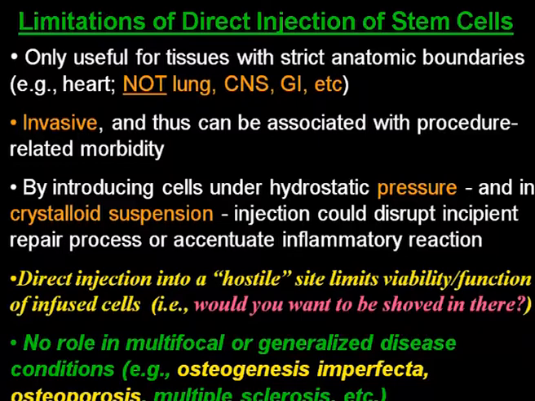And certainly there's no role in multifocal or generalized diseases and conditions such as osteogenesis imperfecta, a generalized skeletal disease, or osteoporosis, another example of a generalized disease, or multiple sclerosis, or muscular dystrophy, or any of these diseases which are quite generalized.